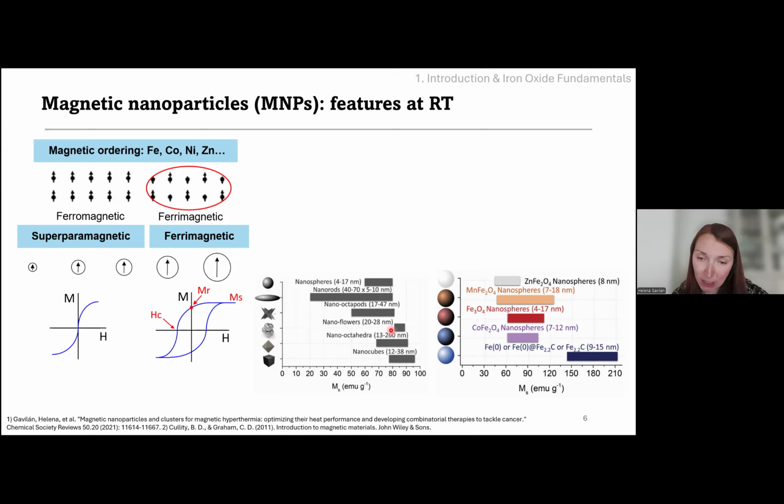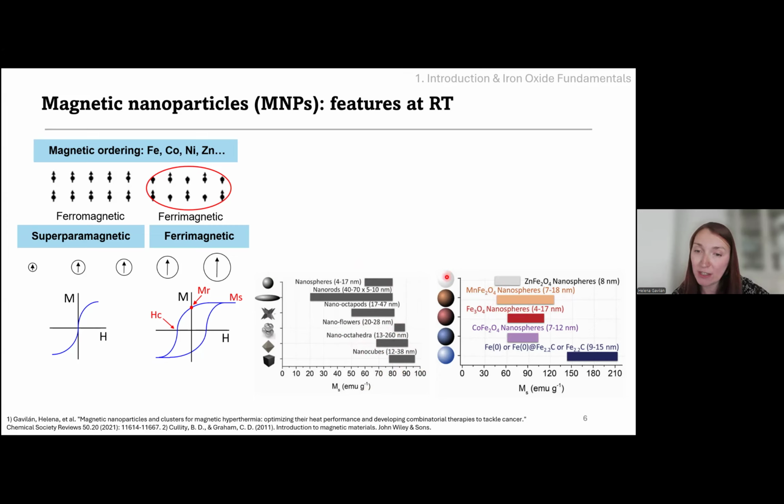Let me bring your attention to these three shapes: the nanoflower structure, the nano-octahedra and nanocubes. They will always be in the range of 80-90 emu per gram, a slightly higher saturation magnetization, and this will be advantageous for biomedical application.